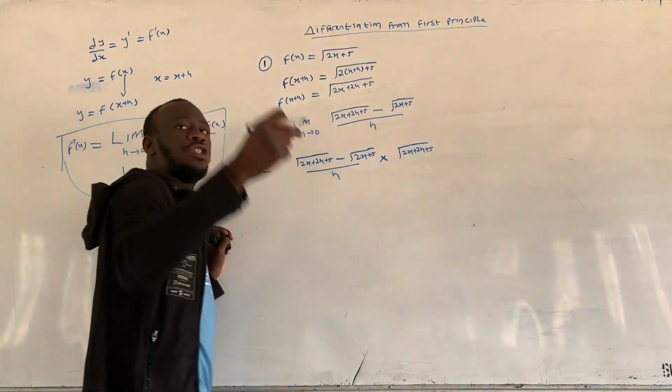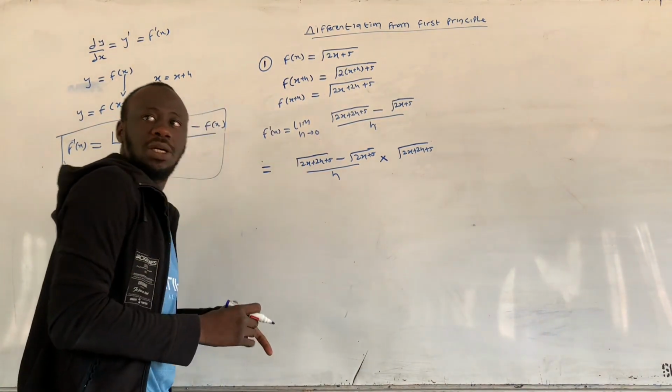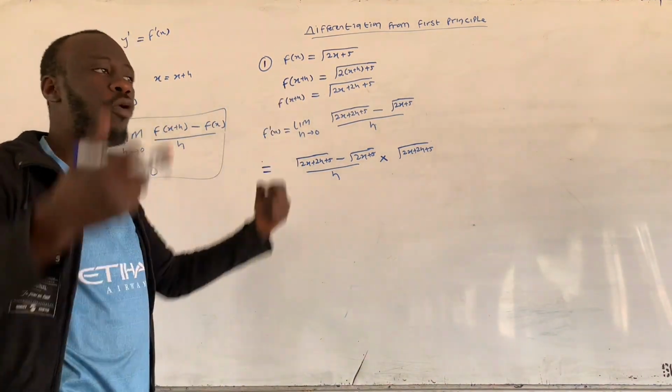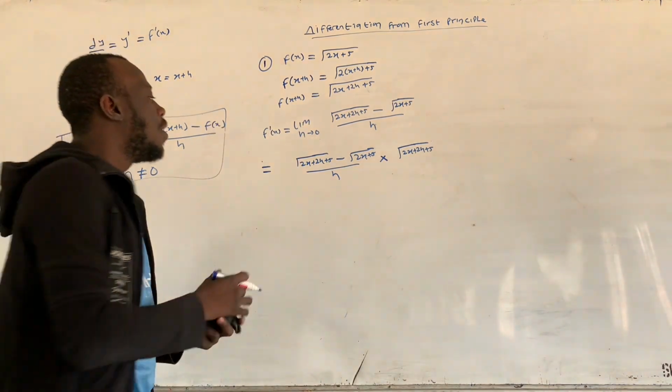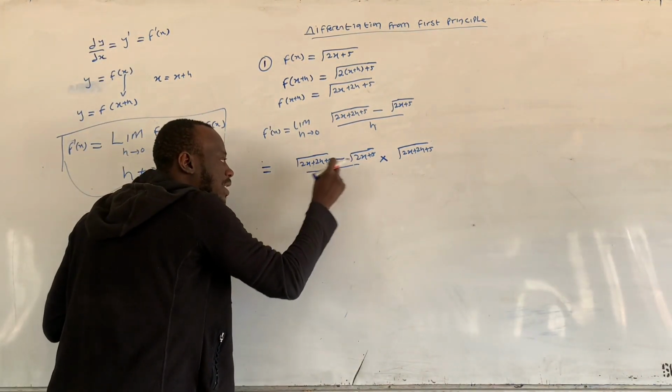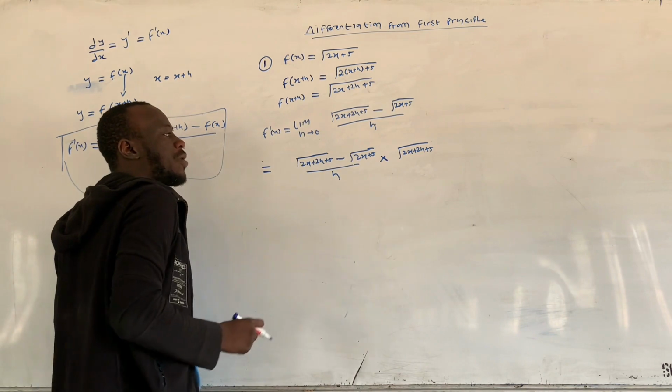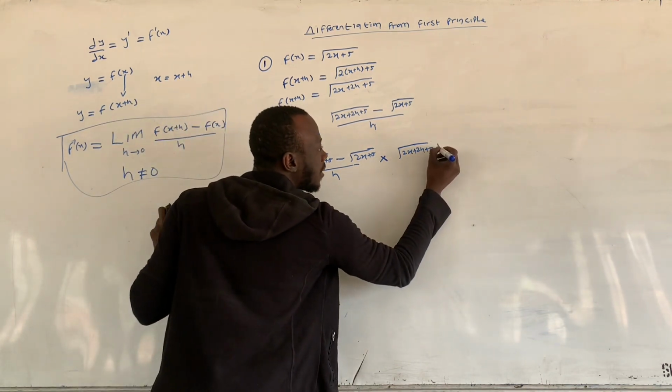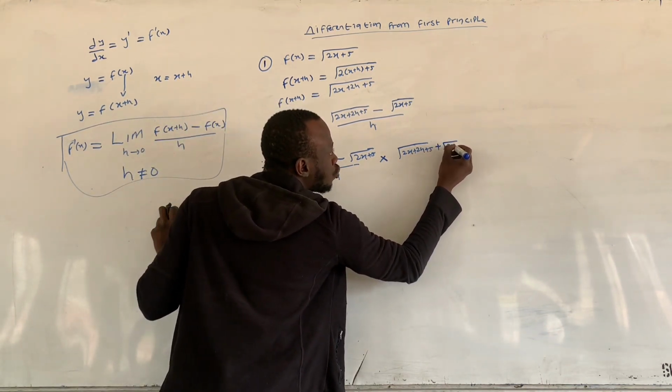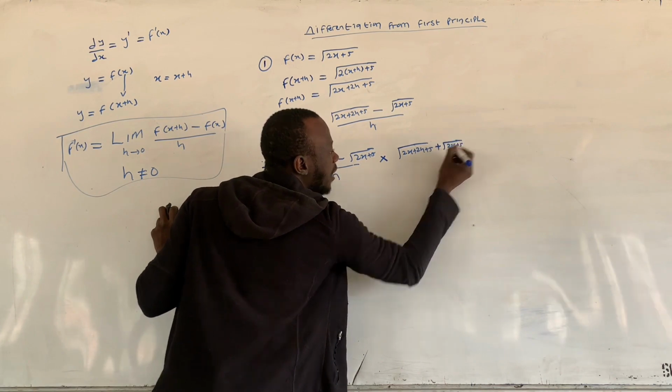Remember, conjugation means negative sign becomes positive and positive becomes negative. So between this root here we have a negative sign, meaning it's going to become a positive sign, plus root 2x plus 5.